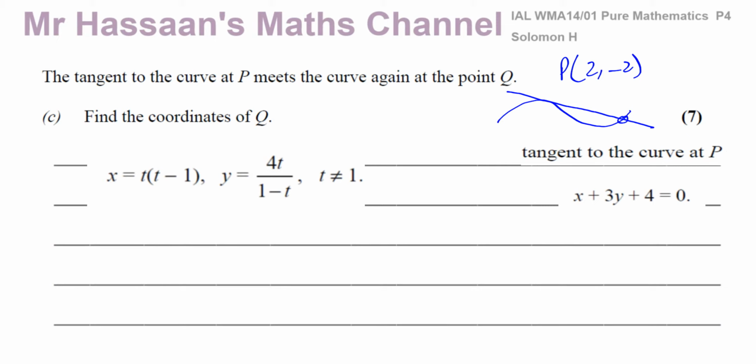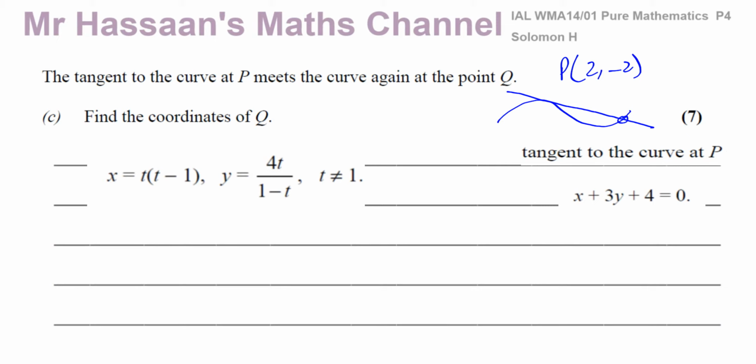Well, it's pretty easy actually, because all I have to do is use substitution. If I substitute, instead of x, t times t minus 1 in here, and instead of y, 4t over 1 minus t in here, I'll have an equation with just t in it. And if I solve that, I'll find the solutions of where this parametric equation intersects this Cartesian equation.